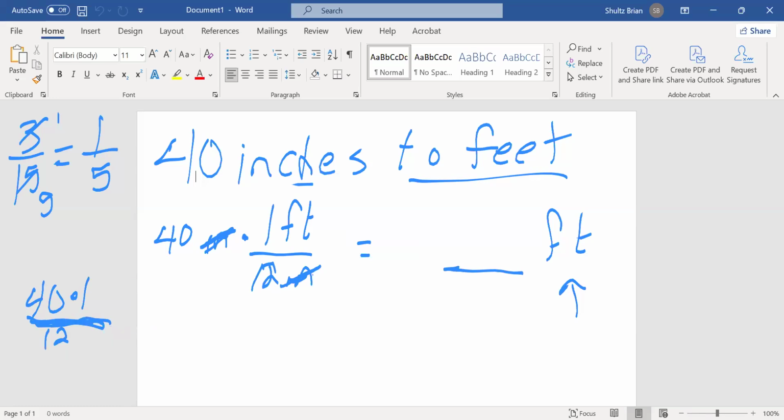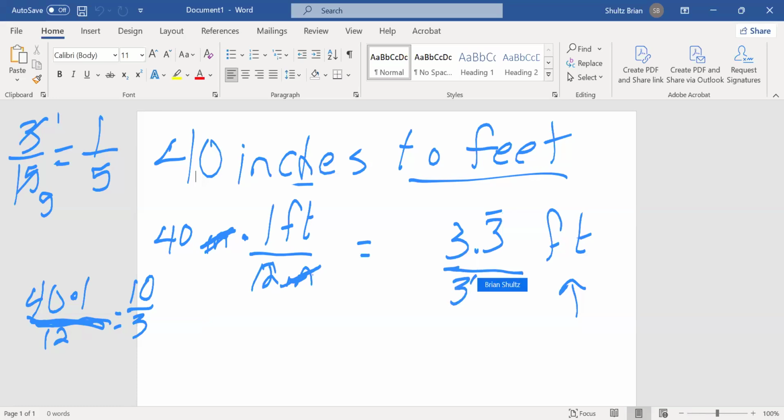All I really have to do is grab my calculator and take 40 divided by 12. 40 divided by 12 is 20 over 6, or 10 over 3, which is 3 1/3 feet. 1/3 of a foot is 4 inches. So 3 feet, 4 inches, or 3.3 repeating feet.